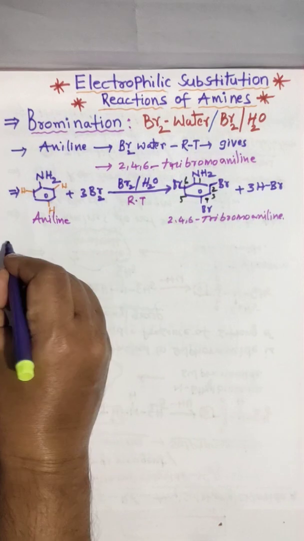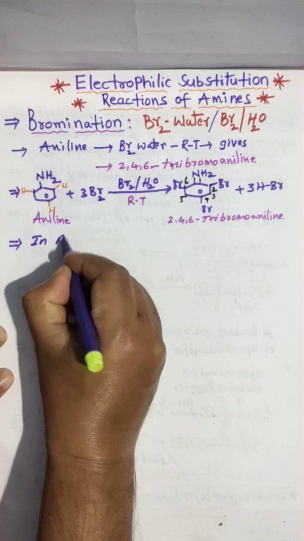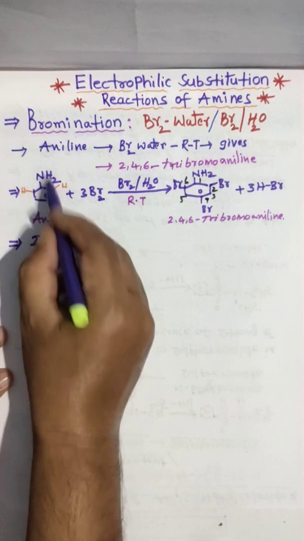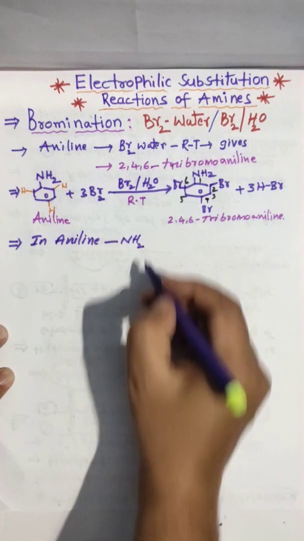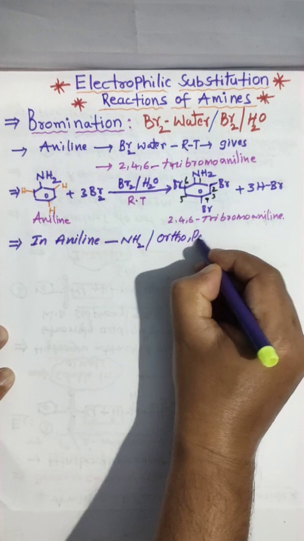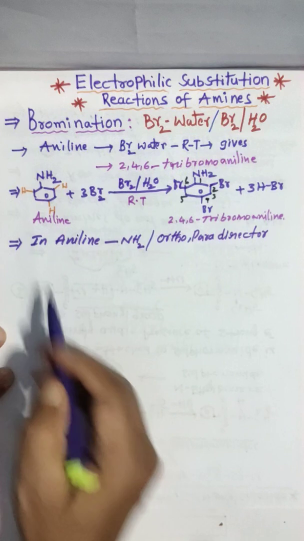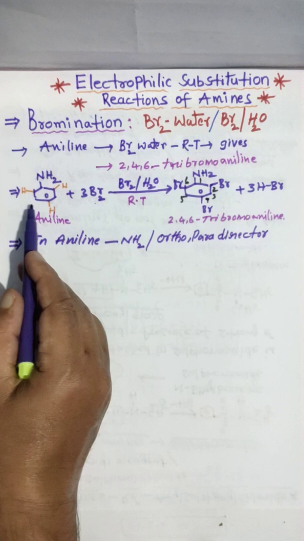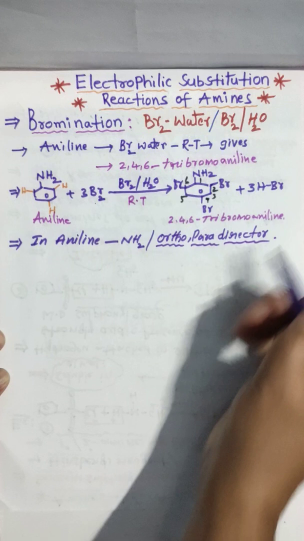Why do you get only the ortho-para product? Look here, in aniline the NH2 group is there. This NH2 group is an ortho-para director. Remember, ortho-para director means this group directs the incoming group attacking the benzene ring to attack at the ortho and para positions. Why?